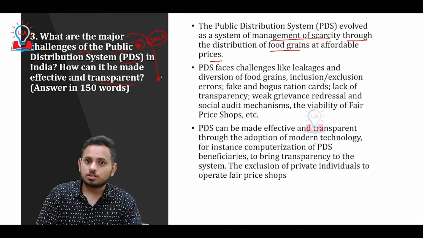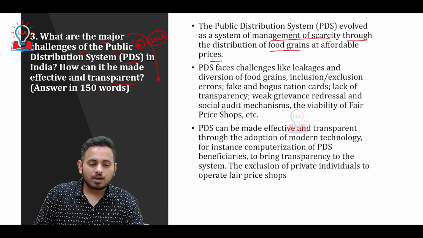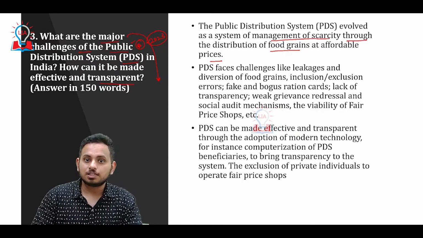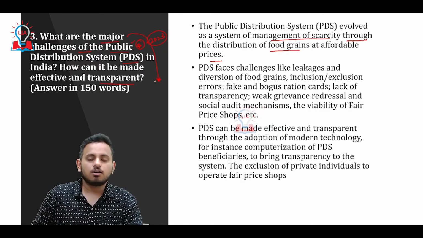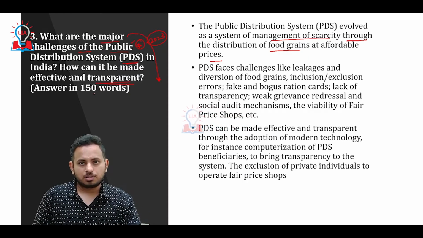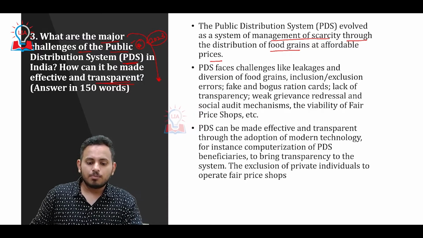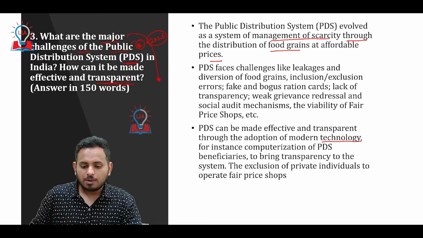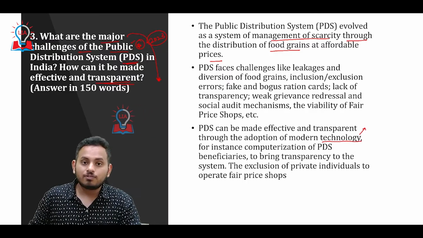So such a situation, these are all the challenges that we have when we are going digitized. When we are moving towards digitization, these are some of the challenges that India has to look at under the public distribution system. How can this be made effective and transparent? By having inclusivity, by taking the advantages of technology and making sure that no one is left out.